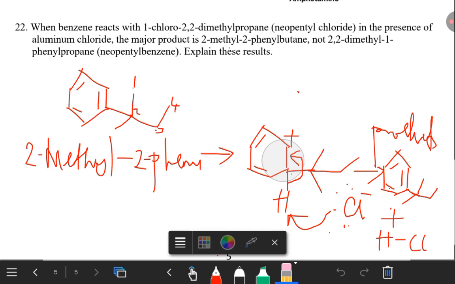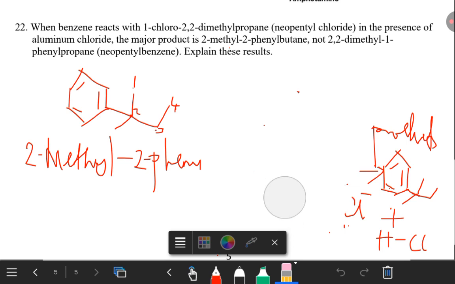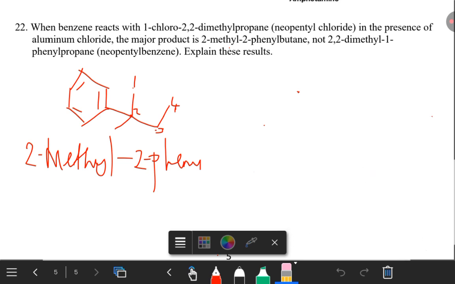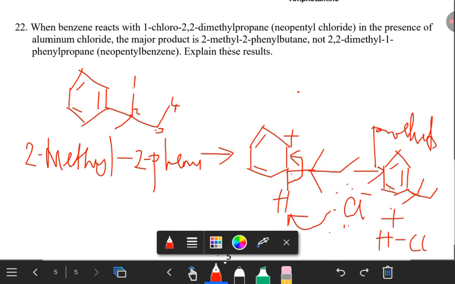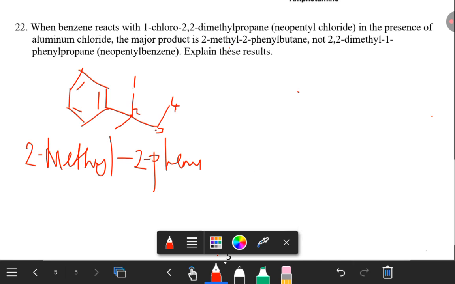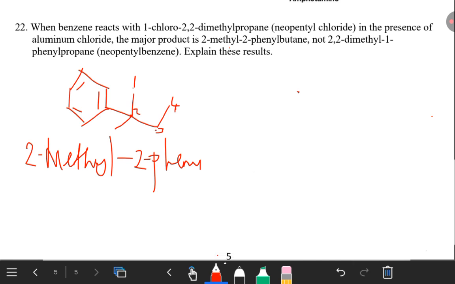Okay, let me just get rid of this part. Right, so 2-methyl, 2-phenyl, then 1, 2, 3, 4, so this is butane.